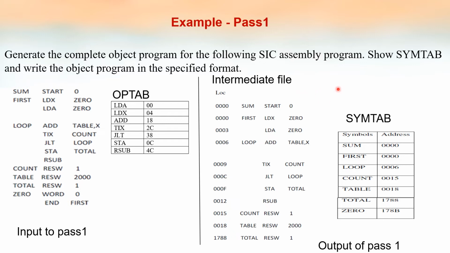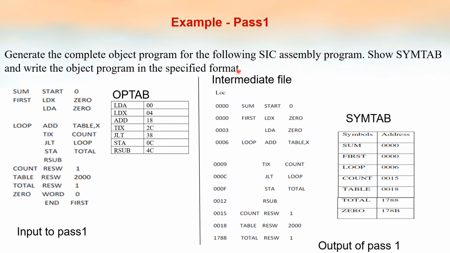So in pass1 we can summarize what all things are happening. First we should know the assembler should have two passes, pass1 and pass2, because in a single pass the assembler cannot convert the source program into machine code. So the input to pass1 is a source program written in assembly language. Now we are considering the SIC assembly program.